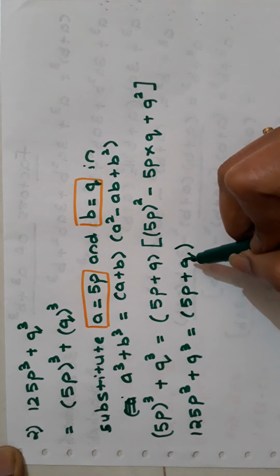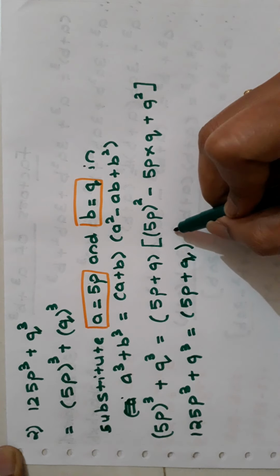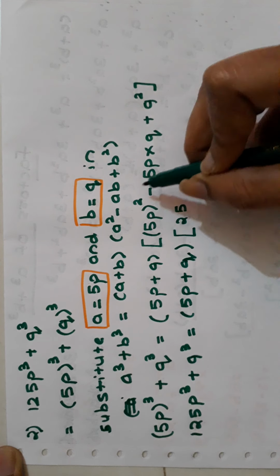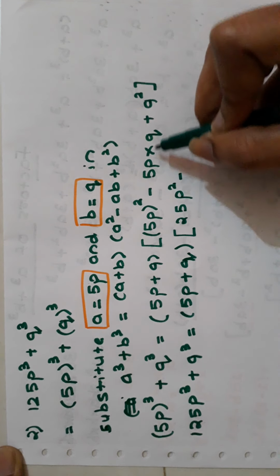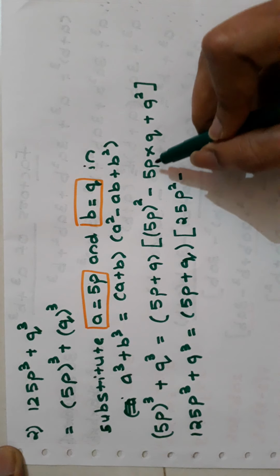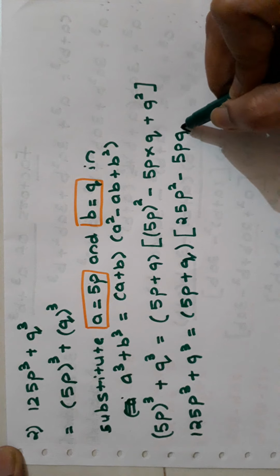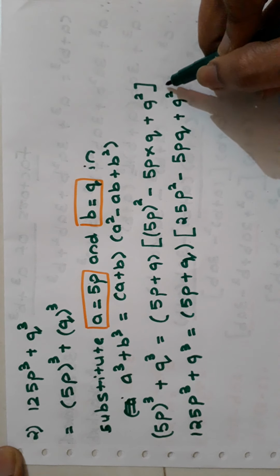This will not add up because both are unlike terms. Law of indices, 5 square is 25p square, minus, you can multiply unlike terms, 5p into q is, first write the coefficient and then the variable, plus q square.